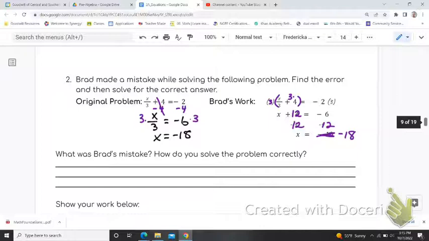Or the other correct way to do it would be to subtract first and multiply second. But this was not a big fraction, so we were not required to multiply first.